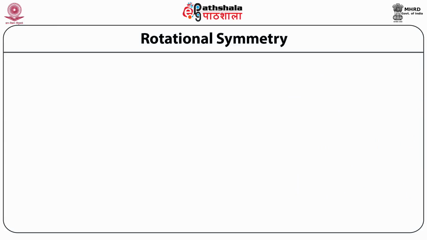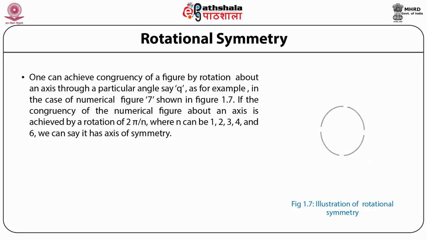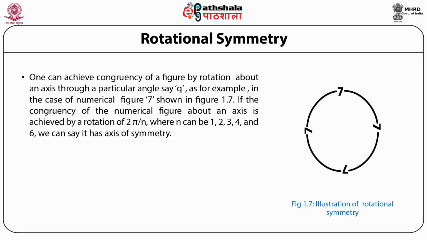Rotational symmetry. One can achieve congruency of a figure by rotation about an axis through a particular angle, say theta, as for example in the case of numerical figure 7 shown in figure 1.7. If the congruency of the numerical figure about an axis is achieved by a rotation of 2π/n, where n can be 1, 2, 3, 4, and 6, we can say it has an axis of symmetry.